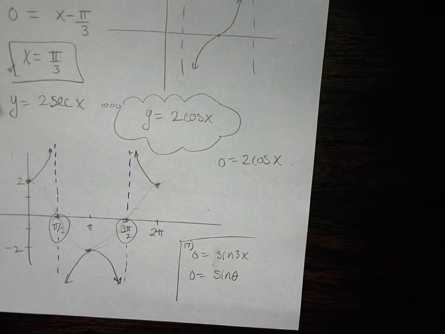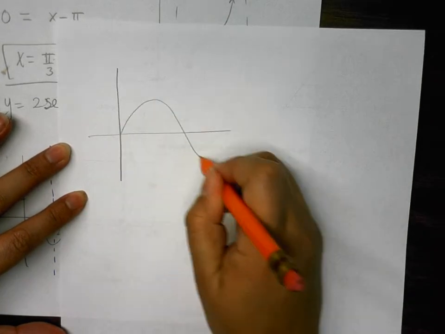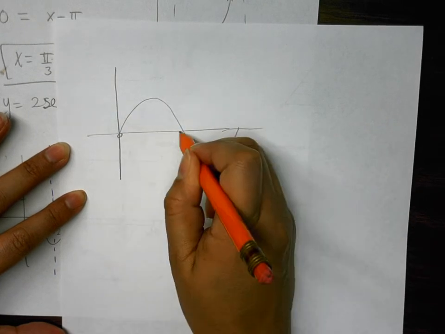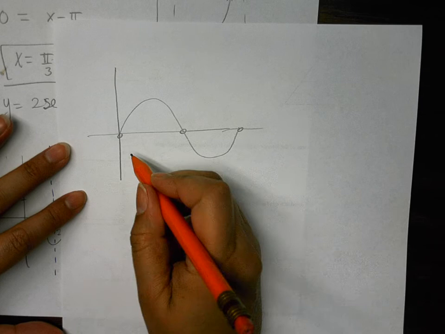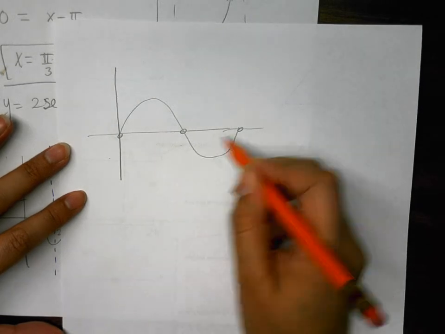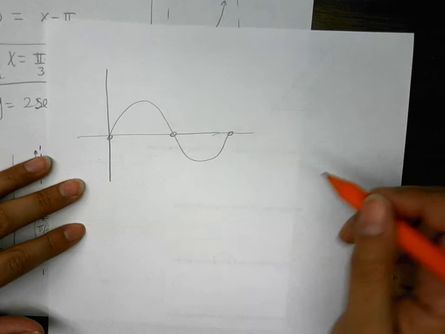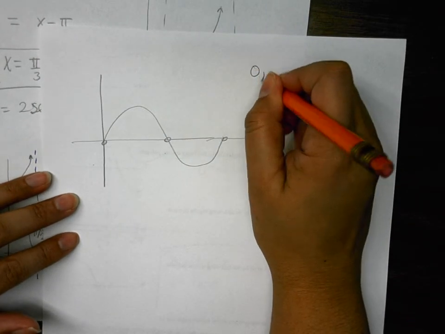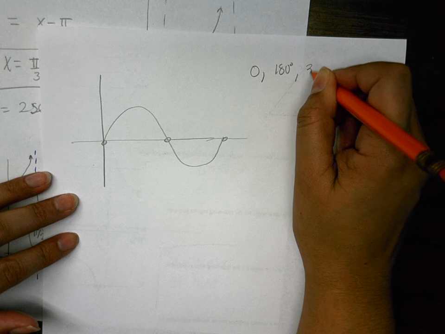Yes, the reason is because with the sine graph, it goes from 0 to 2 pi. So the 0 and the 2 pi, the zeros counted twice, 0, pi, and 2 pi. So you do have to go around 3, the total of. So when you're finding your zeros, what did you get?